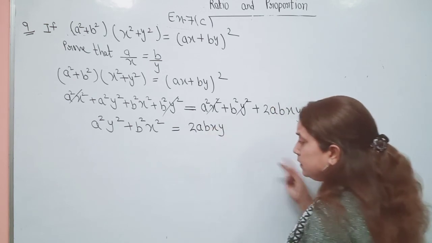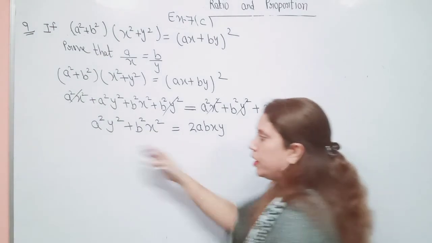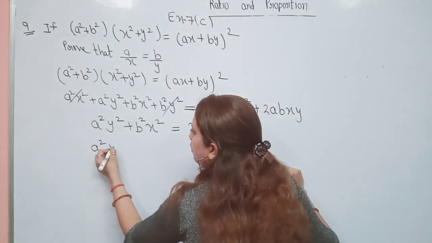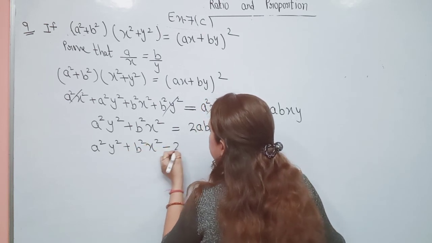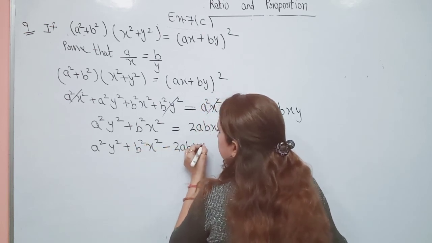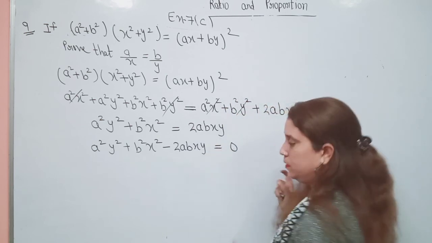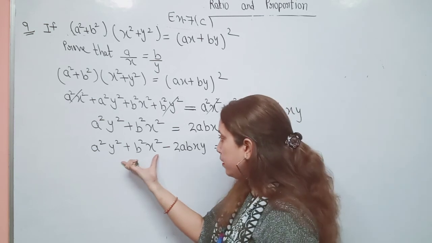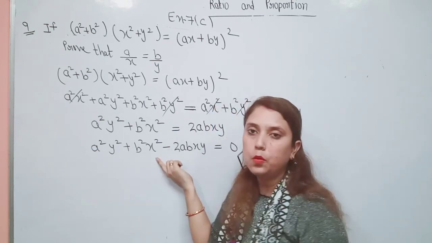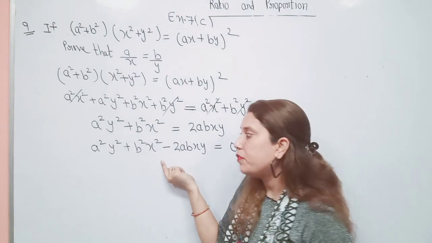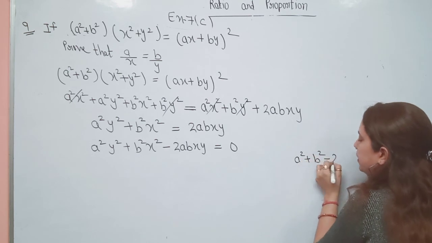Now send 2abxy to the left hand side. So it will be a square y square plus b square x square minus 2abxy is equal to 0. Now if you observe here, this is the identity of a minus b whole square. We know that the identity of a minus b whole square is a square plus b square minus 2ab.